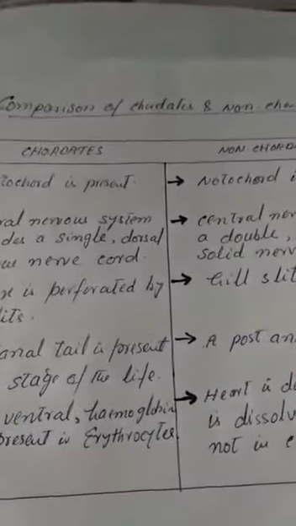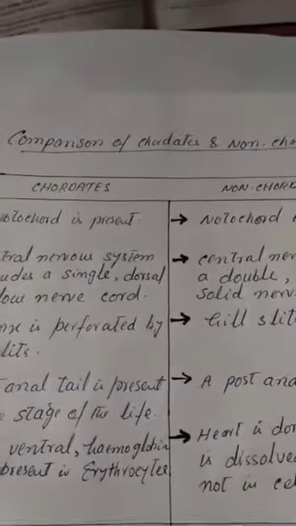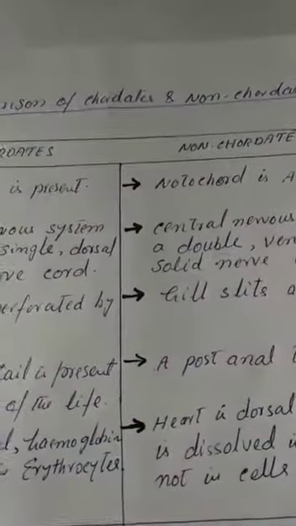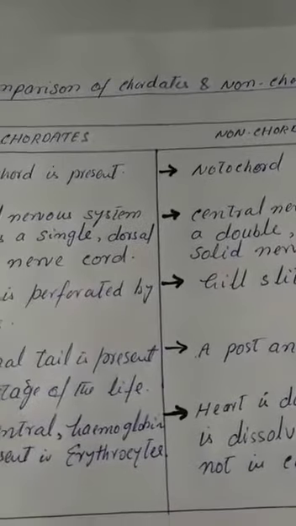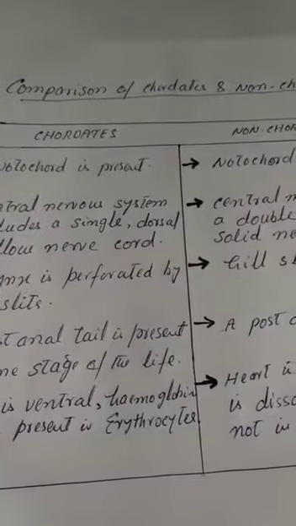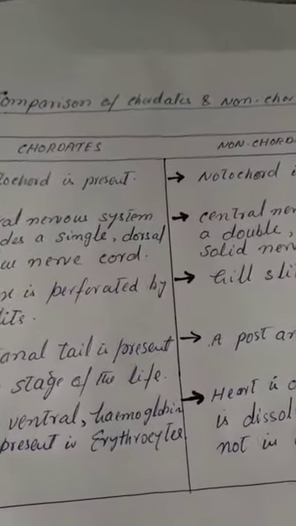Now, sometimes a question is asked, usually to discuss or write about the comparison of chordates and non-chordates. It is a very important question, you must remember. The differences between chordates and non-chordates.